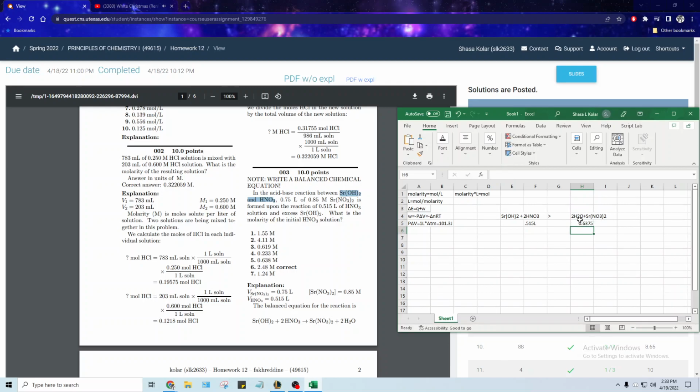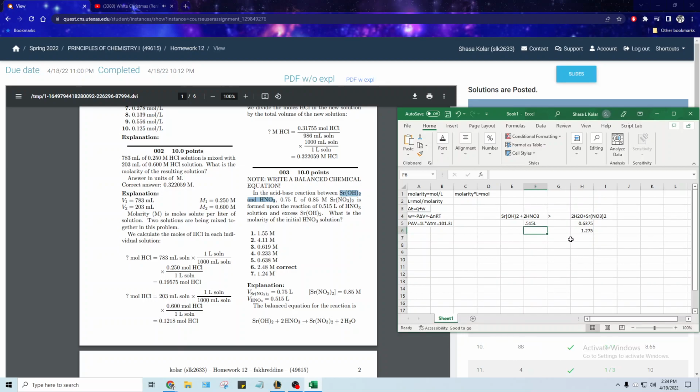And we get our number of moles. But as you can see, for every 1 mole produced, 2 moles HNO3 went in. So we can multiply this by 2 first. So we had 1.275 moles of this that went in.